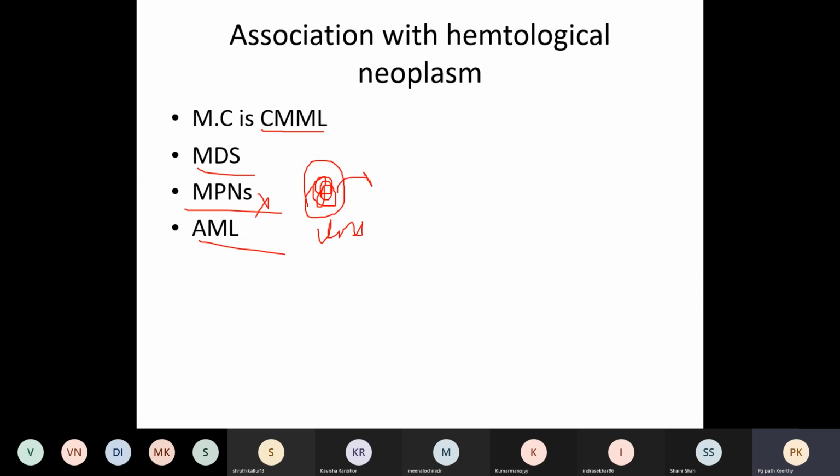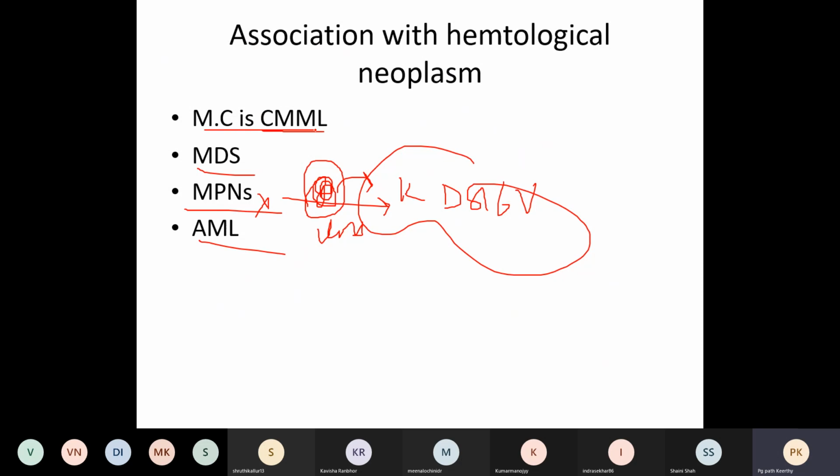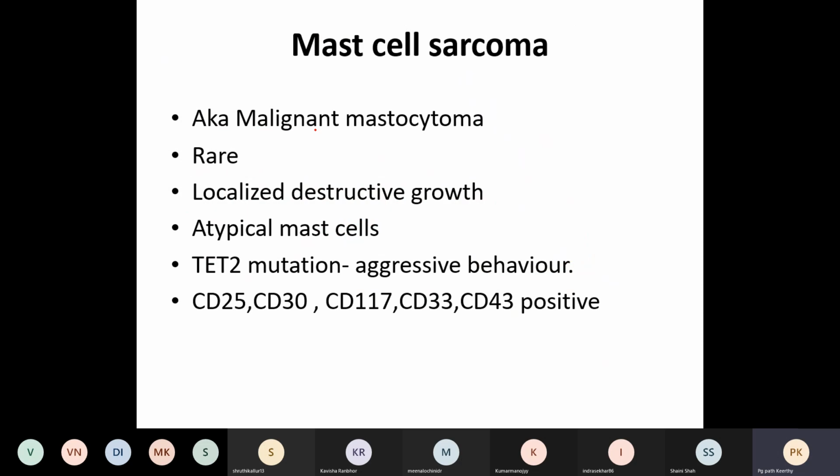So they acquire this KIT D816V mutation, and then they give rise to mastocytosis. Got it? They are already unstable ones, so they acquire this new mutation causing systemic mastocytosis. The most common is CMML, that is chronic myelomonocytic leukemia. Then your MDS, MPNs and AML.